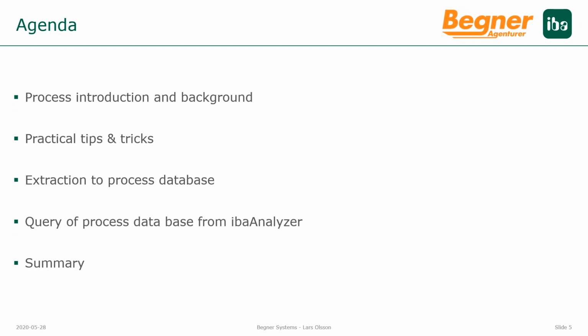We will then query data back from this database using ibaAnalyzer, and I will show you how you can enable a very powerful drill down from an aggregated form of data, maybe an average of a roll force or something, with instant access back to the raw data, to the actual .dat file that created this average.